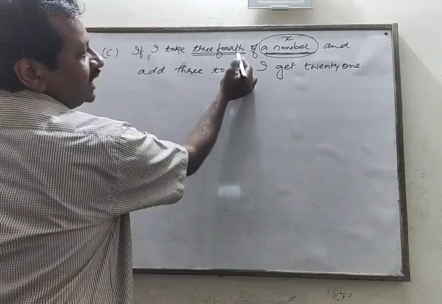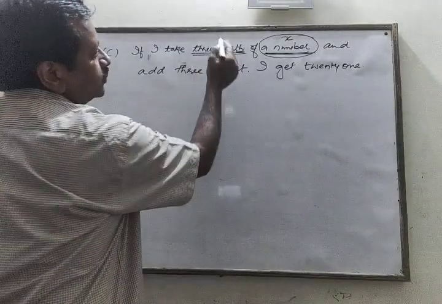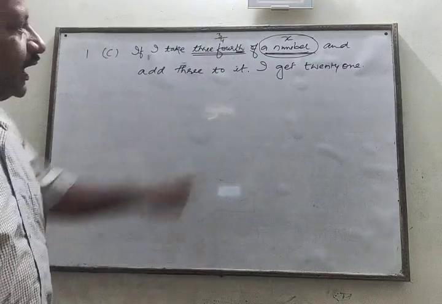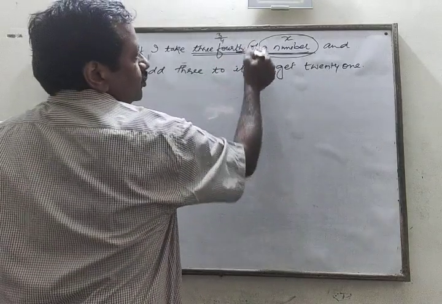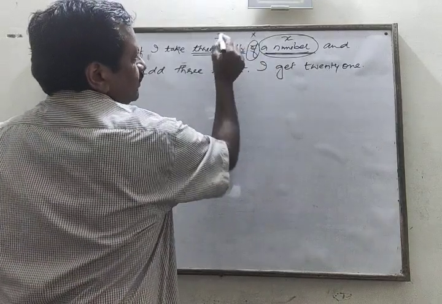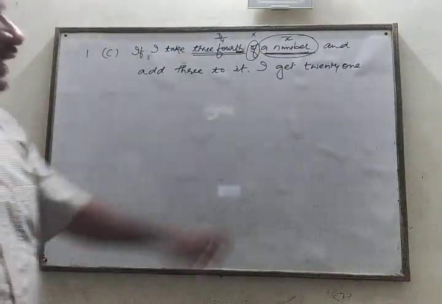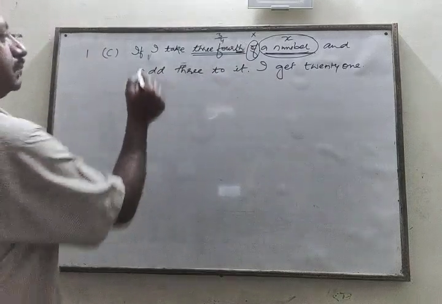3/4 will be written as 3/4. And of means multiply: 3/4 of x, and add 3 to it, plus 3.